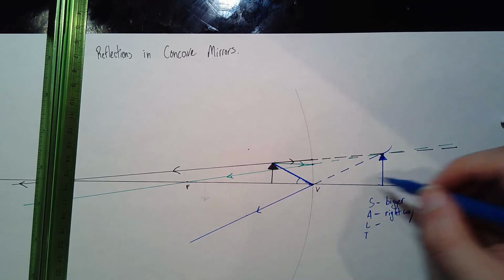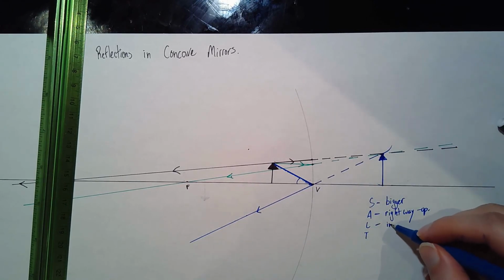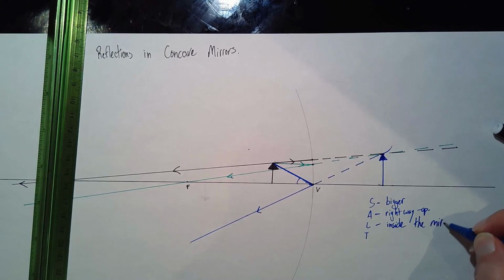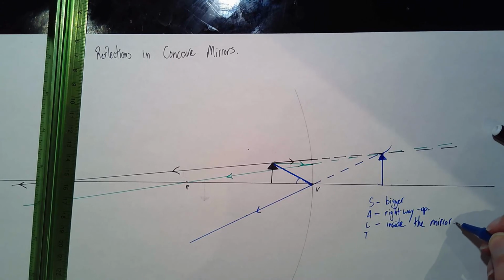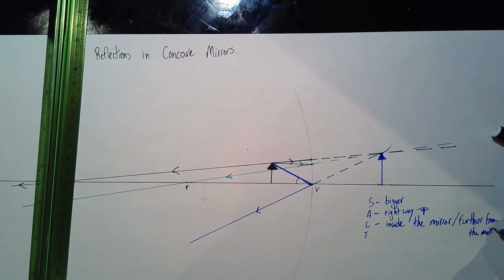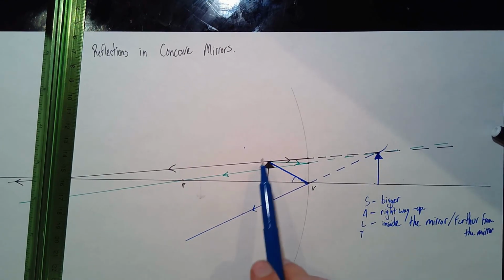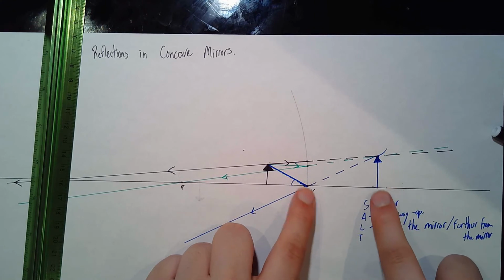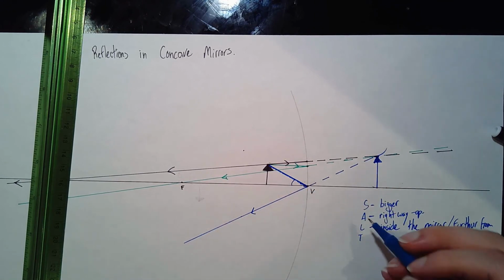The location, I would say that it is inside the mirror, right? And also based on the way we've drawn it, it's also further from the mirror than our object, right? So it is a little bit further away, right? This distance versus that distance.